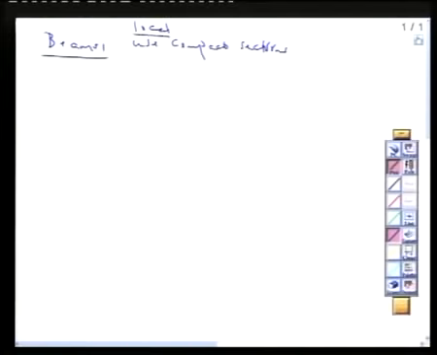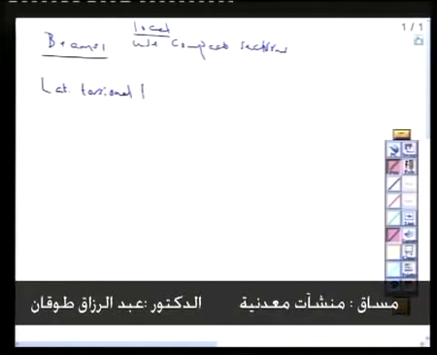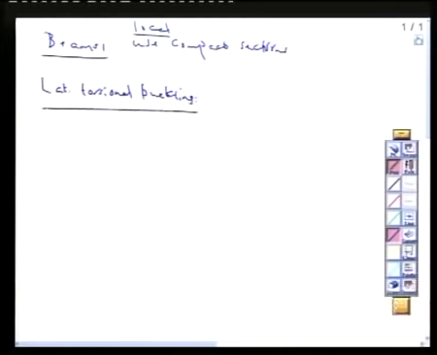If we speak about lateral torsional buckling, then we are talking about bracing of the compression flange. This is the compression flange. If we manage to brace this using studs or another means, then we prevent lateral torsional buckling.